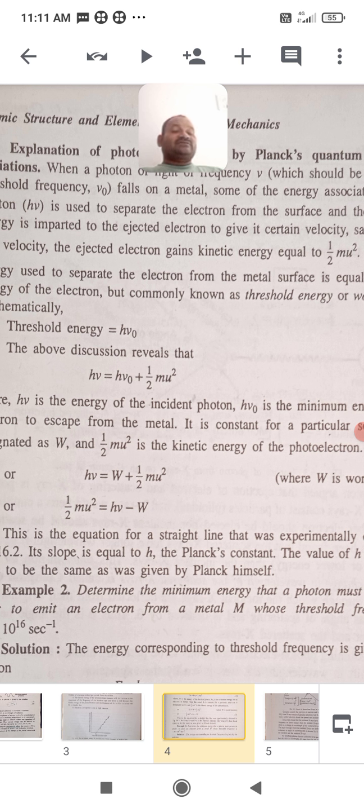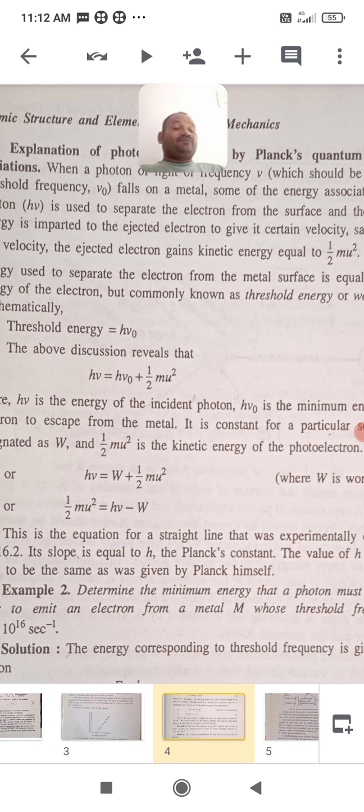Due to this velocity, the ejected electron gains kinetic energy equal to ½mu². The part of energy used to separate the electron from the metal surface is equal to the binding energy of these electrons, commonly known as threshold energy or work function.